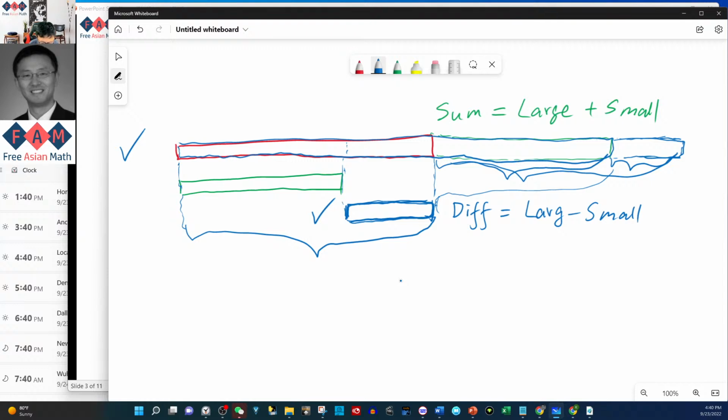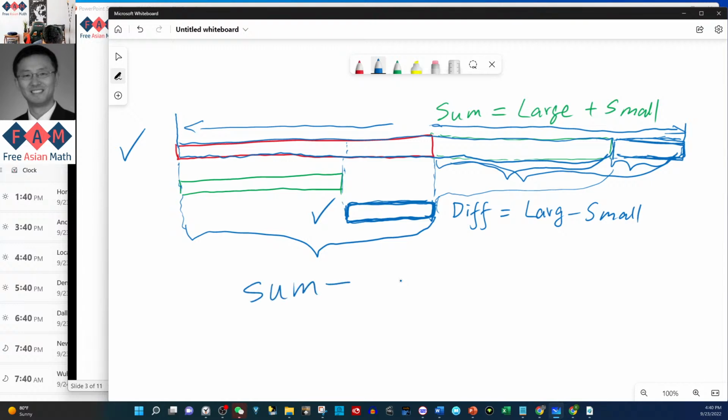So this total length from this point to this point is really 2 copies of the length of the red bar. Therefore, we just showed that if we attach this difference shorter bar to the sum of the two, the longer bar, meaning that if we add the sum and the difference together, then we will get 2 copies of the red bar, which is the larger number.